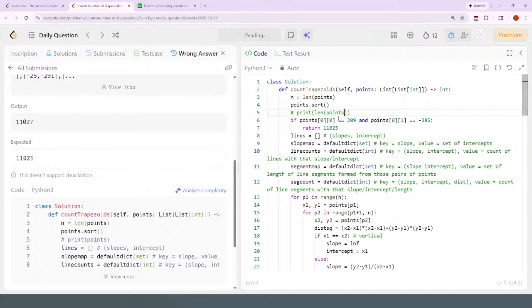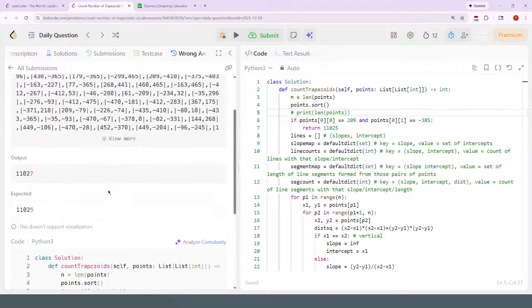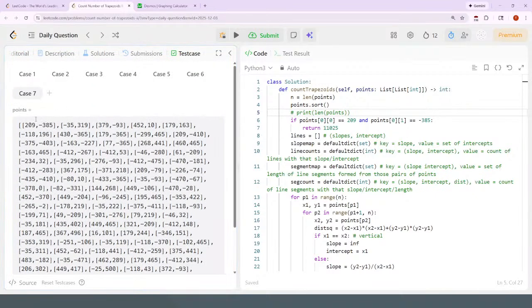Okay, I just want to find another test case that I'm doing wrong. Did I mistype this? Isn't this the same test case? Oh, I sorted it. Whoopsie.